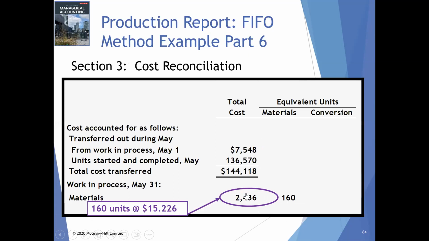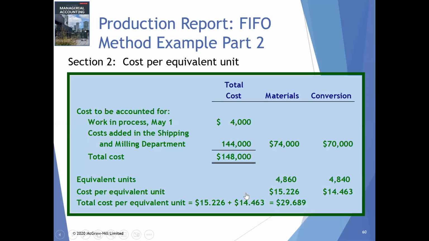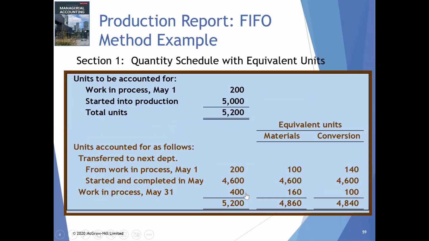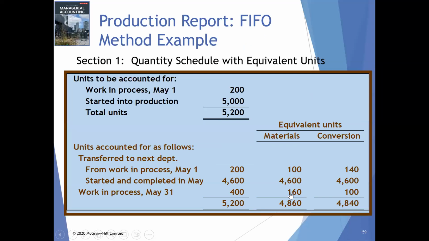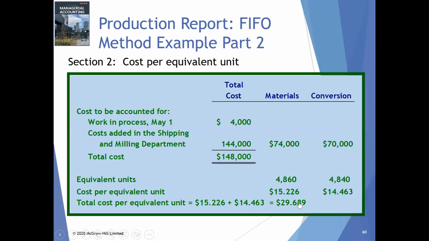I'm just going to show you once again. Look at this. When we go back, we will see exactly 100 units, 140, 160 and 100. Now on the basis of this unit, we have calculated the cost per unit, these two, and on the basis of these two we are going to multiply these units and verify, and after verification we come to know that 148,000 total cost will come.